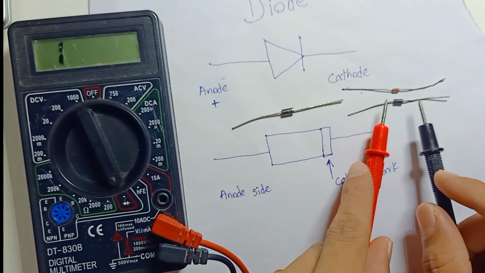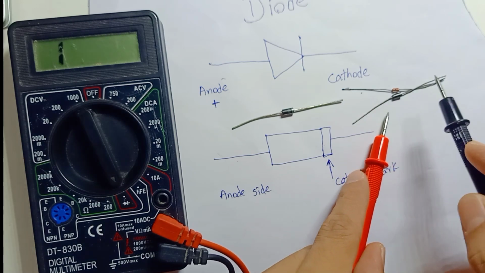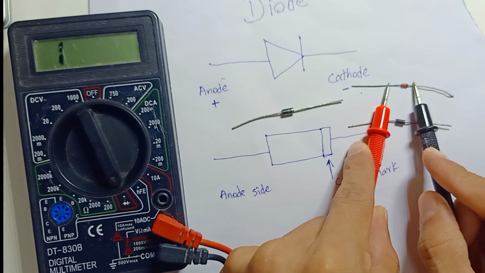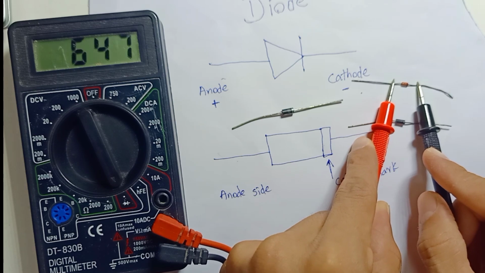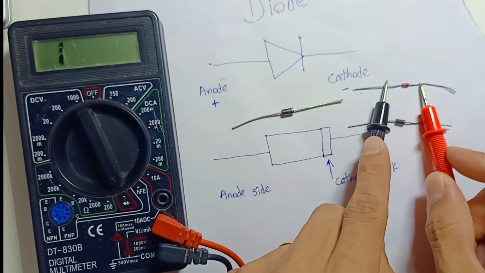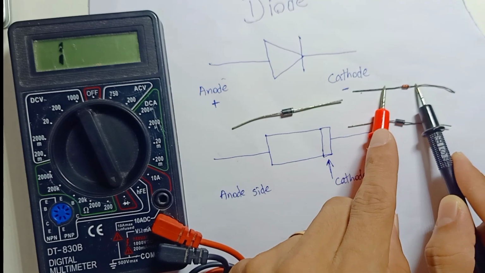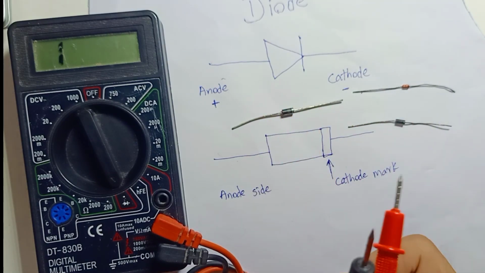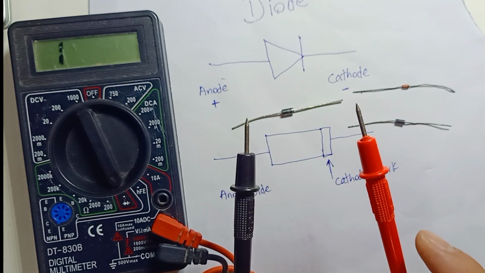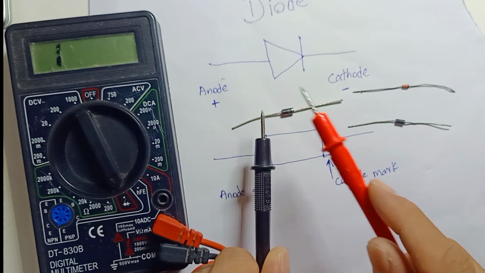All will be the same: anode to cathode, the Zener diode, on one side you will get a diode voltage drop on only one side. So this is how you can test the diode. Remember, for a diode in good condition, you will get the voltage drop from only one side.